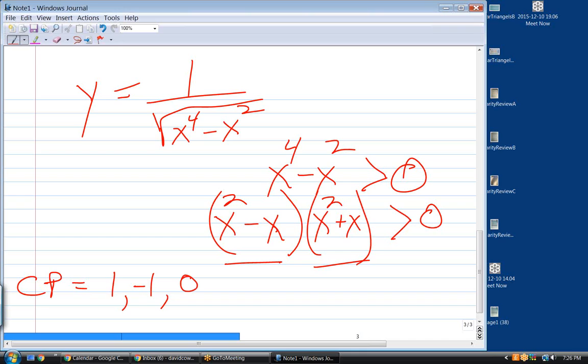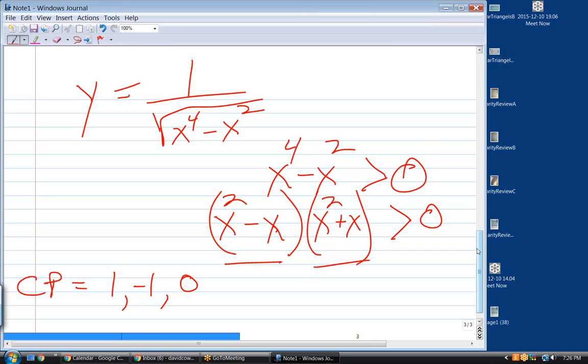There's 3 critical points. Is that it? -1 works, because if you square it, you get 1 minus 1, so this becomes 0. That should be it. Only 1s and 0s. I don't see any whole number not going to equal 0.